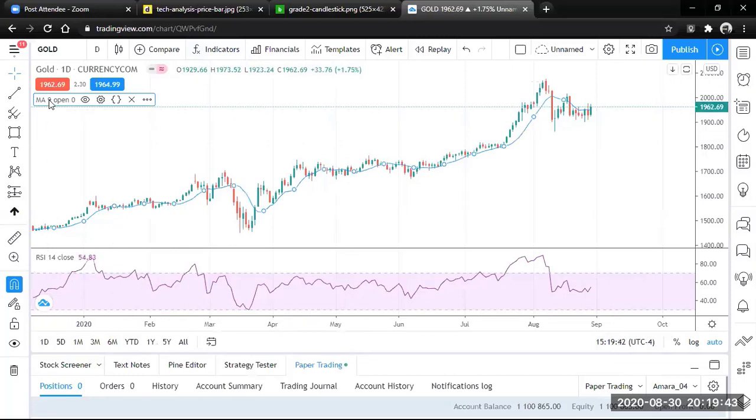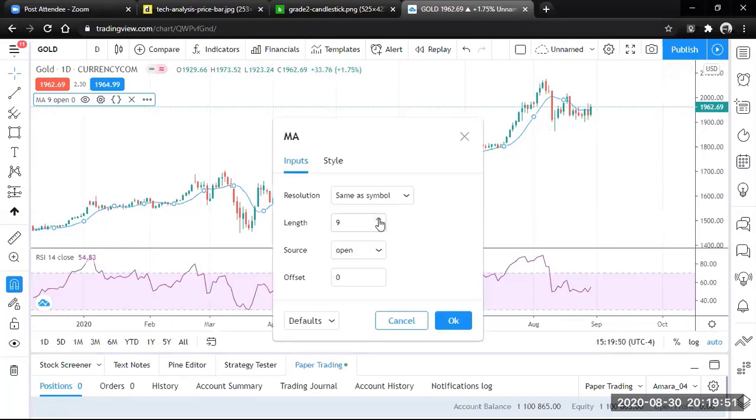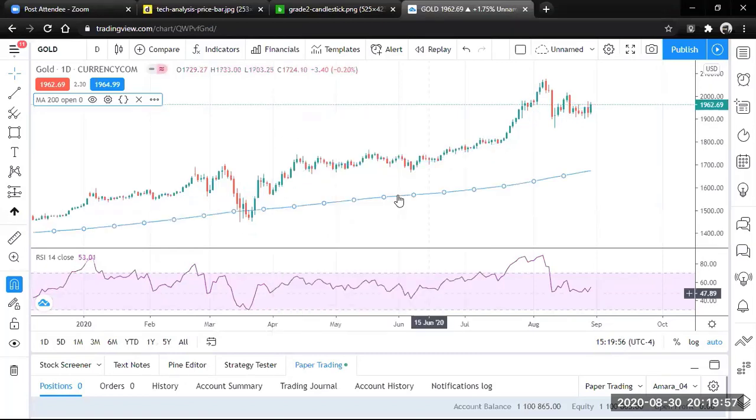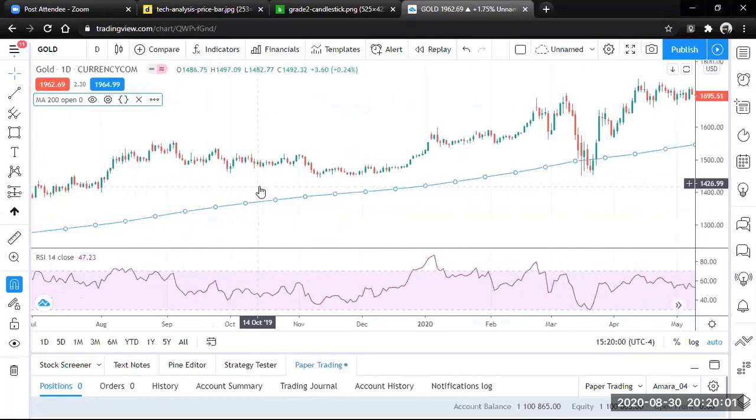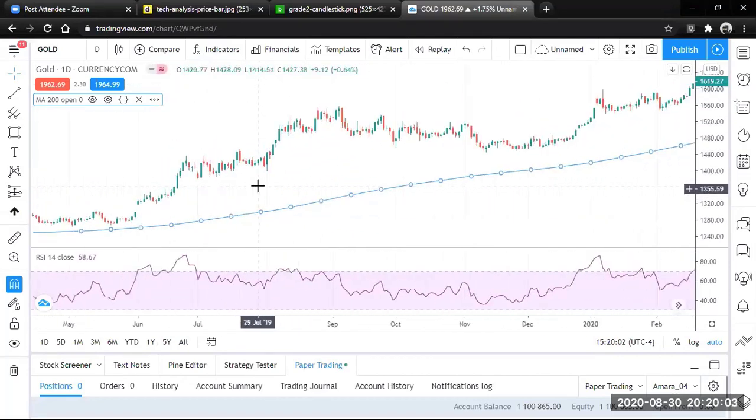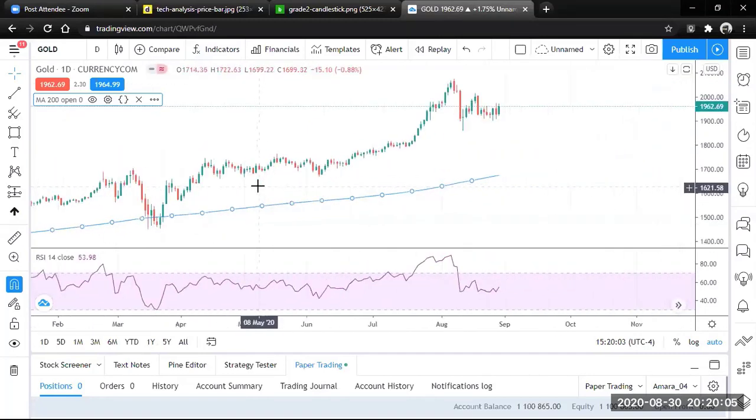Remember, this one is just MA9. This is 9 days; we're looking at the daily chart. But say Buffett looks at the 200-day moving average, and when price is above it, we are in an uptrend. And so people use this in different ways.